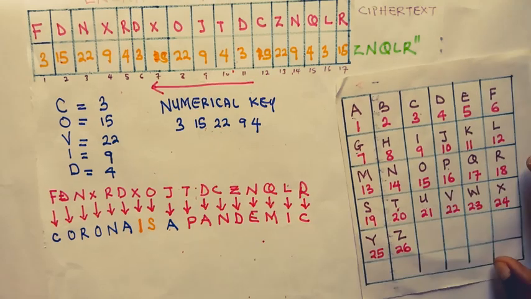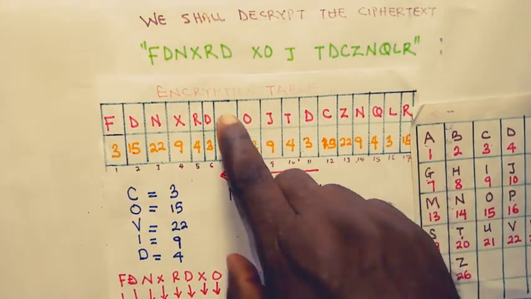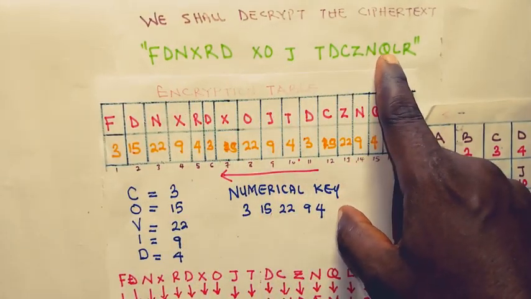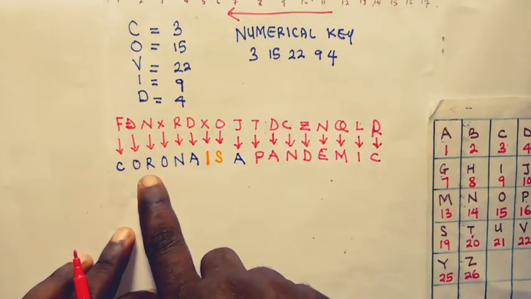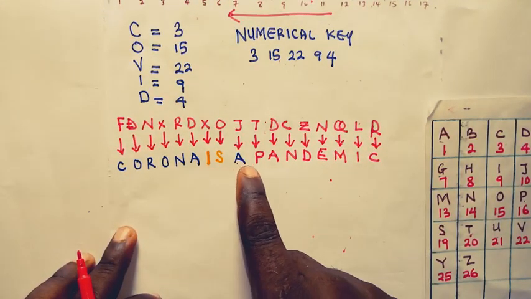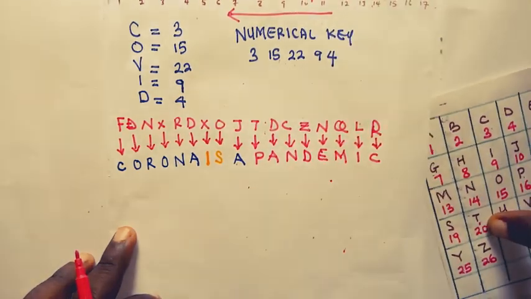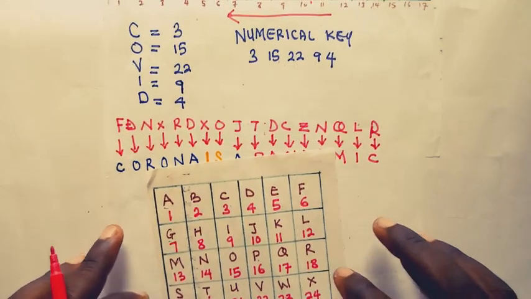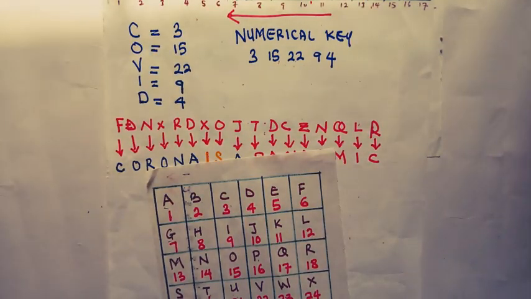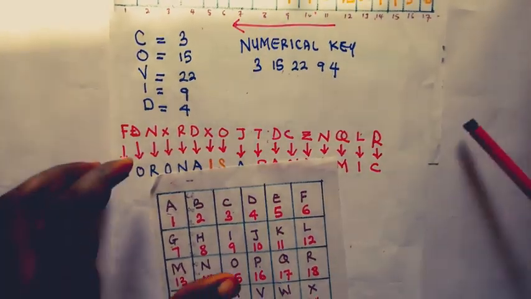So this ciphertext actually translates into corona is a pandemic. So that is the process of Vigenere Cipher. It's as simple as that.